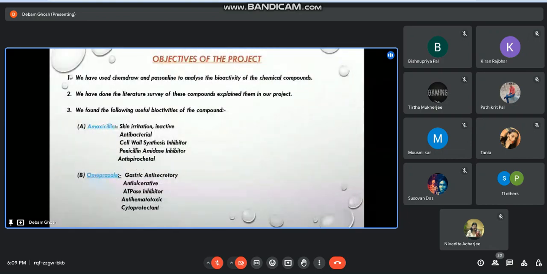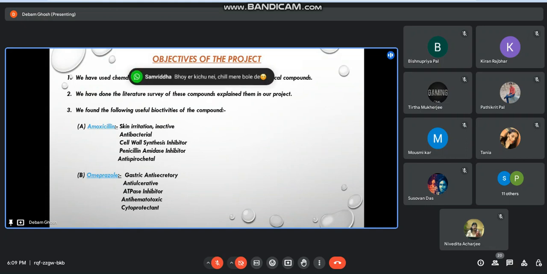Now the objectives of the project. First, we have used Way2Drug PASS Online to analyze the bioactivity of the chemical compounds. Second, we have done a literature survey of the compounds and explained them in our project.